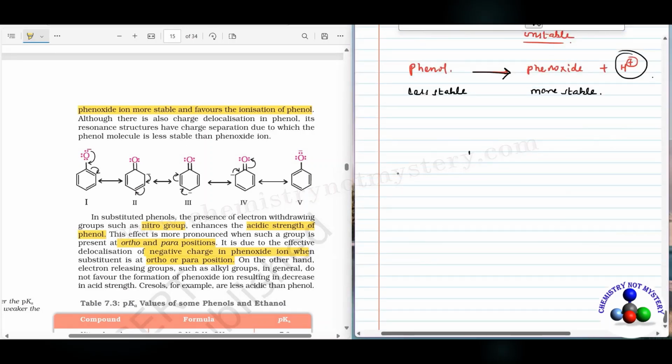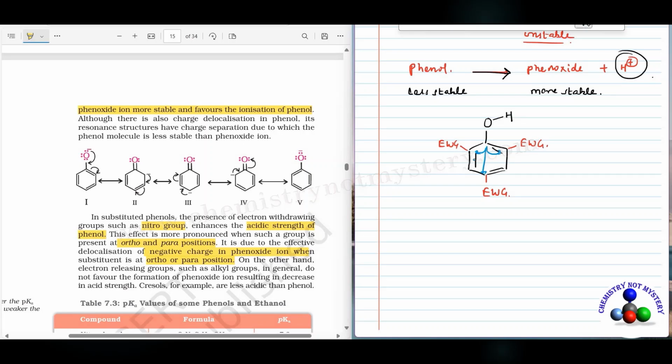So this is phenol. And here oxygen is bonded to hydrogen. So if electron withdrawing groups are present at the ortho position, here an electron withdrawing group, and here also one electron withdrawing group, and if here also an electron withdrawing group is bonded, these electron withdrawing groups will withdraw electron density from oxygen.